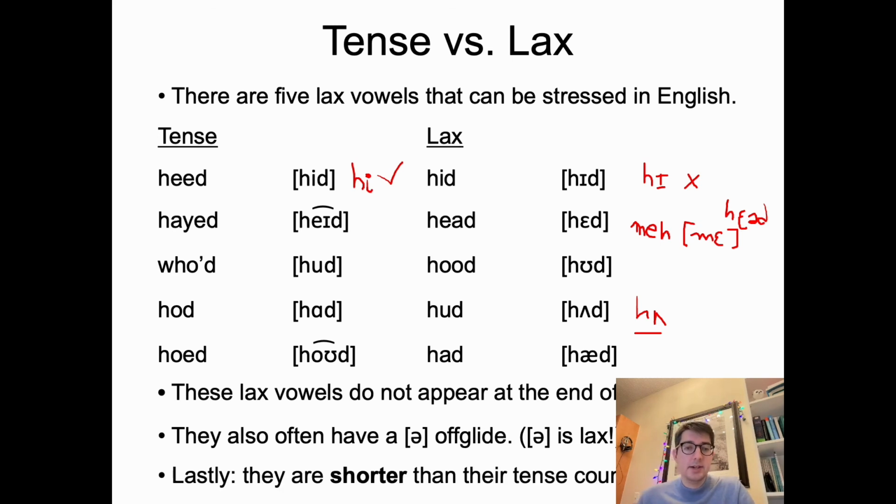And lastly, if you cannot distinguish between these, and I'm specifically referring to non-native speakers, between these tense and lax vowels based on their quality, you might be able to distinguish between these based on their shortness or length in general. Tense vowels tend to be longer than lax vowels, and that's because the tongue needs more time to hit the target.